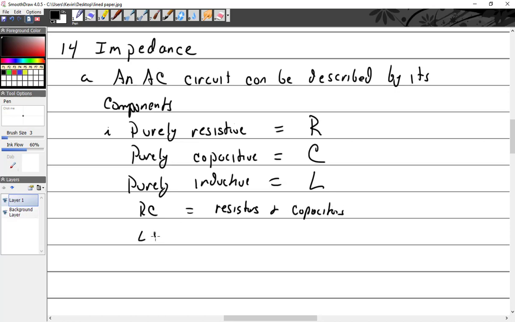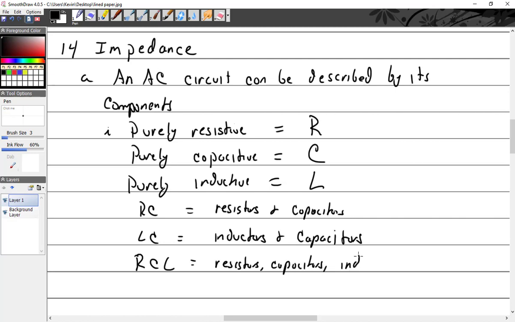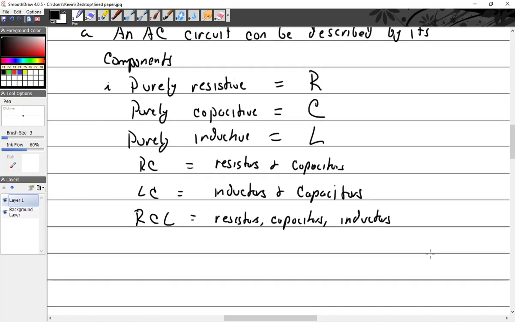Or I could say it's an LC circuit, then it only has inductors and capacitors. Right? But if it's an RCL circuit, then it must have resistors, capacitors, and inductors. And that's why you'll see something called an RCL circuit.